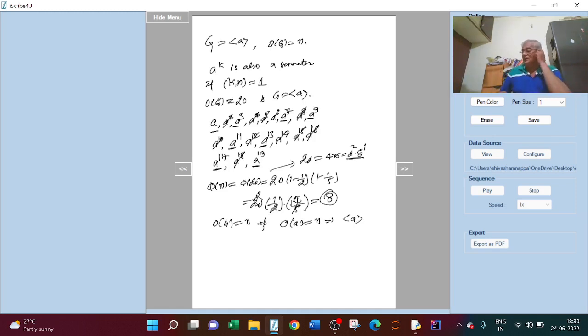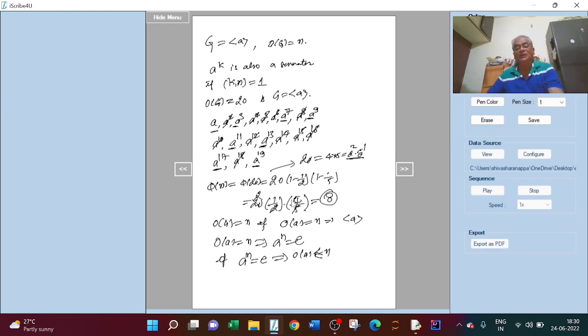So if we have the order of a equal to n, then this implies a power of n equals the identity element. But the converse is not true. If a power of n equals e, then we cannot say that the order of a is equal to n, because here n need not be the least positive integer. So in this case, we can say that the order of a is less than or equal to n.